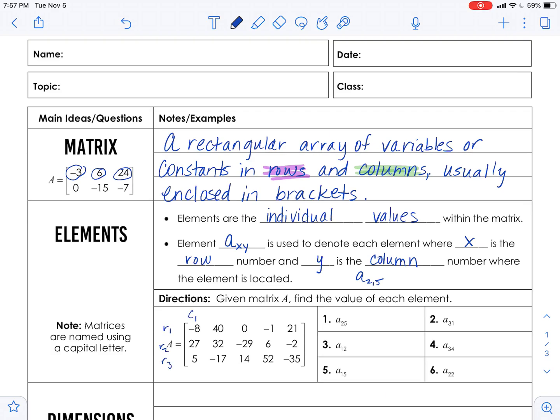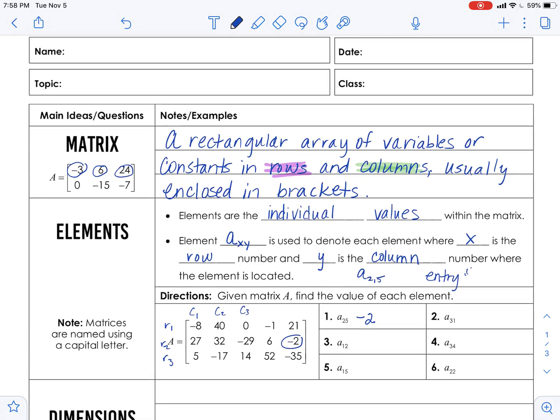This is column 1, column 2, column 3, and so forth. So we're in row 2, column 5: 1, 2, 3, 4, 5. And -2 would be, and we call this, guys, the entry. So when we say what is the entry, that -2 would be the entry. Kind of another word for element.